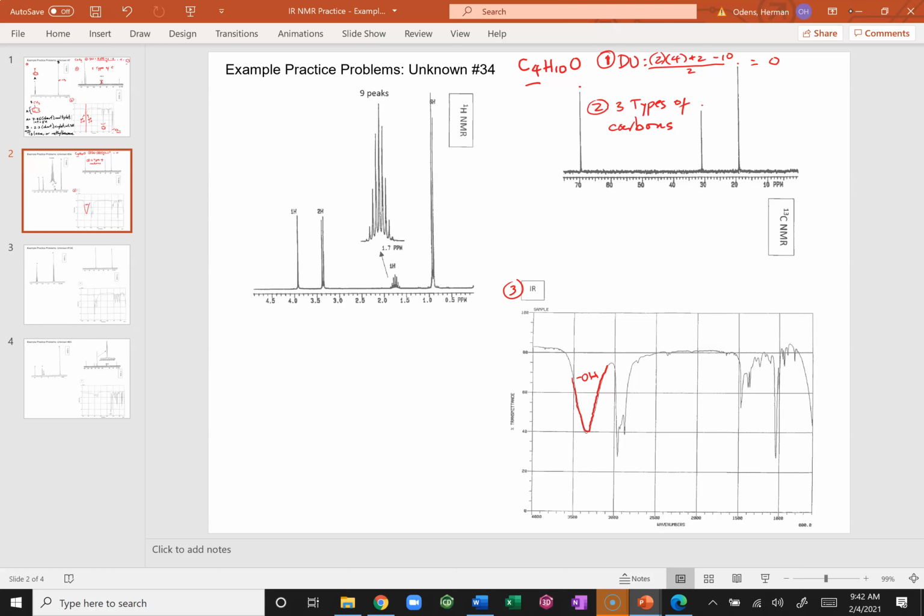If this is an OH group, I must have a CO stretch, because each alcohol has an oxygen that is being held on a carbon. And then, let me see. I don't know what this peak is, so I'm going to leave it. The long one that is there, I cannot solve for that.